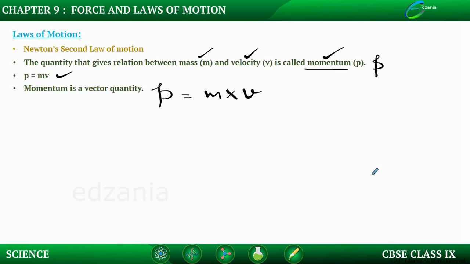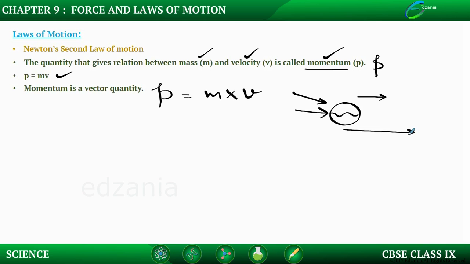Students, we have discussed that on the application of an unbalanced force on any body, it can produce a change in its velocity. Suppose this is a ball which is moving in this direction, and if you apply some force over it, suppose you kick this ball, then it will start moving at a faster rate.